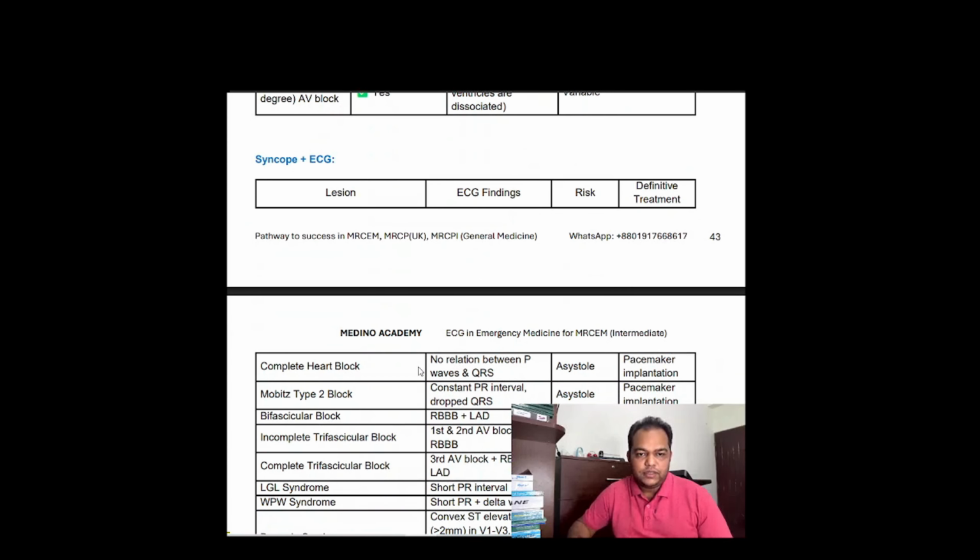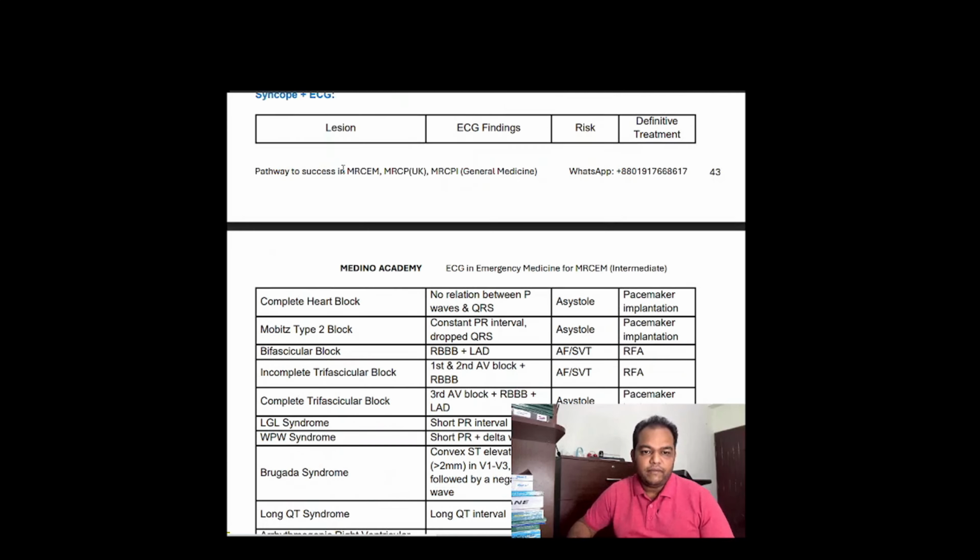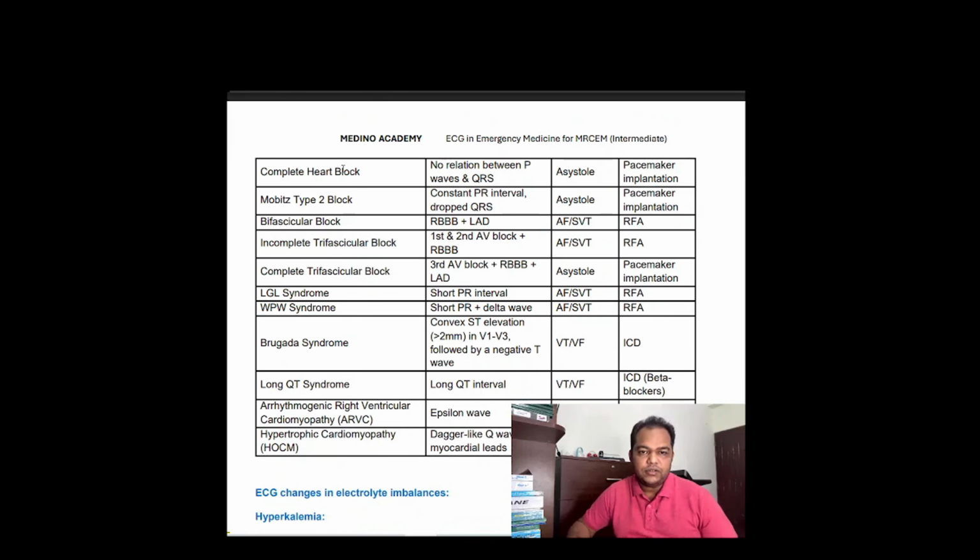So this is a summary. When a patient presents with syncope, we can undergo an ECG for this patient to diagnose the underlying condition. In case of complete heart block, there is complete dissociation between the P waves and the QRS complexes.